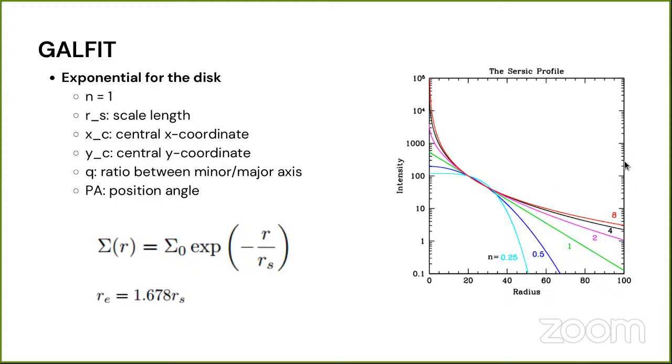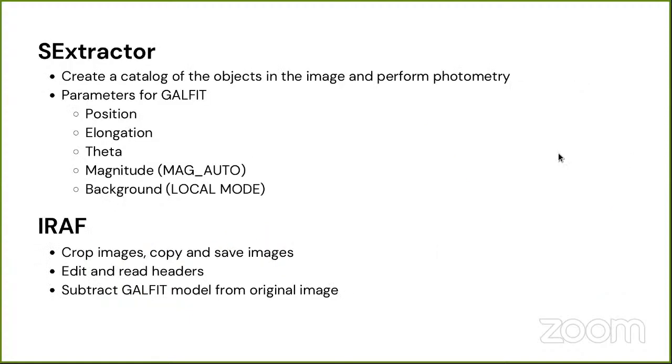And to actually run GALFIT, I had to get these parameters from somewhere. And to do that, I used Source Extractor, which is a program that creates a catalog from an image. It tells you what objects are stars, what objects are galaxies.